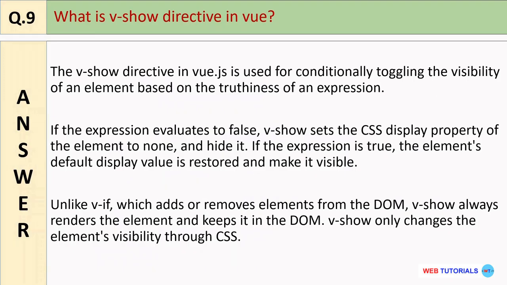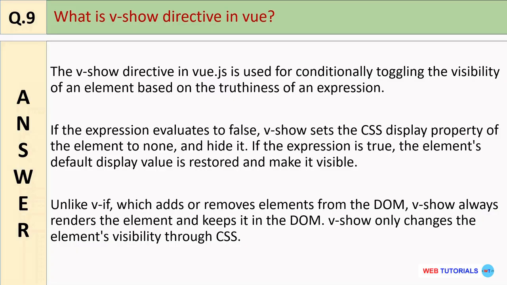What is v-show directive in Vue? The v-show directive in Vue.js is used for conditionally toggling the visibility of an element based on the truthiness of an expression. If the expression evaluates to false, v-show sets the CSS display property of the element to none and hides it.